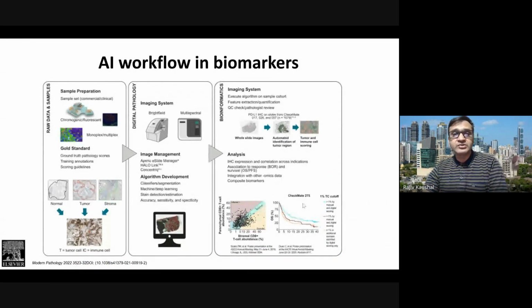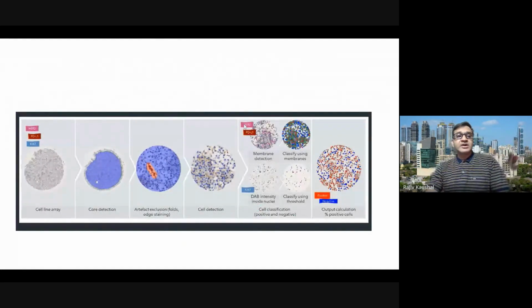For prediction of biomarkers, the initial workflow is the same as for any conventional glass slides. But if you want to look for any particular biomarker, then after scanning, that IHC slide is subjected to a second software which helps in the quantification of that particular biomarker. So the workflow is like that.